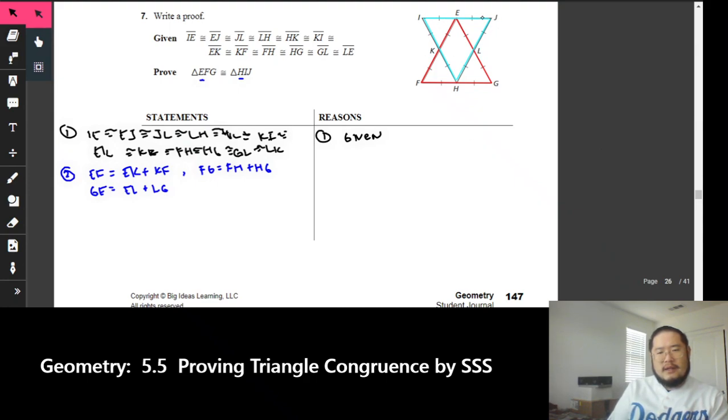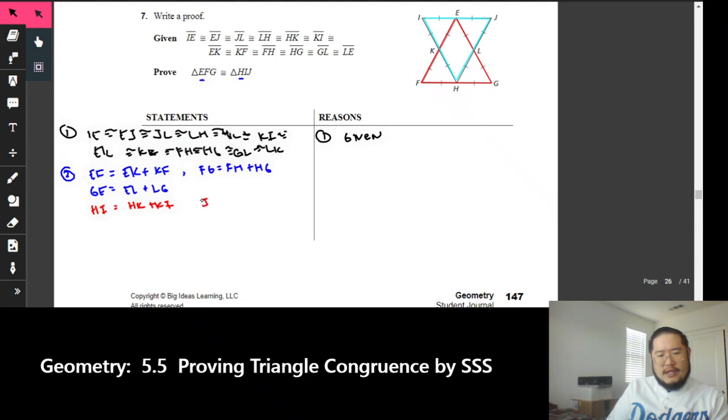Let's take a look at the next triangle, the one that was in blue. Probably should have used the red for this and then blue for what's coming up. We'll rotate it around, but it's okay. So now segment HI is equal to HK plus KI.